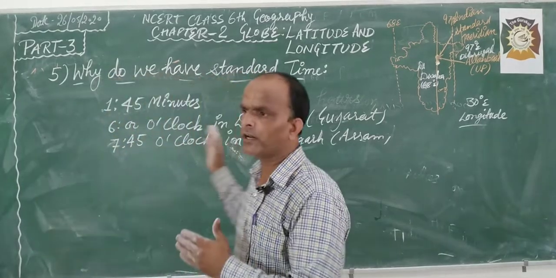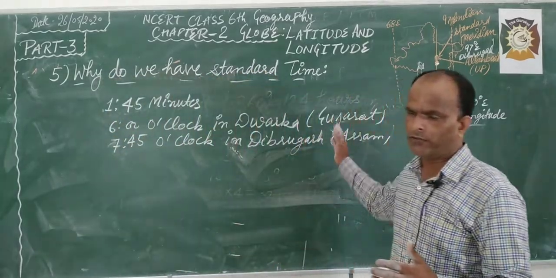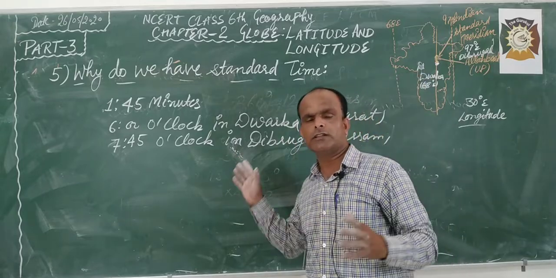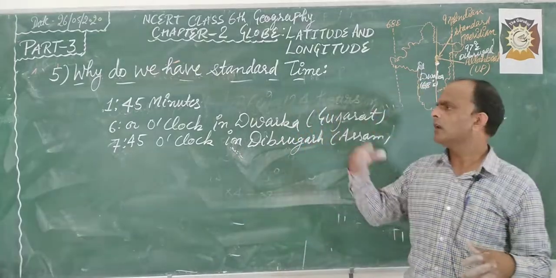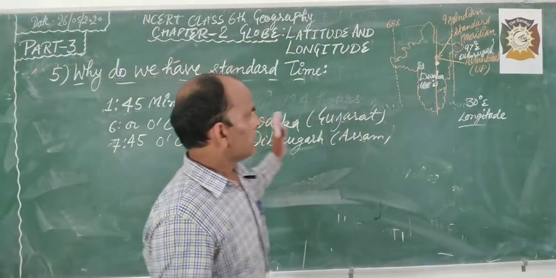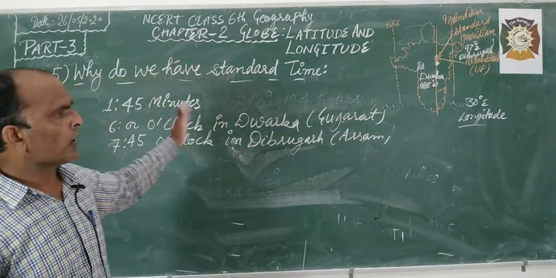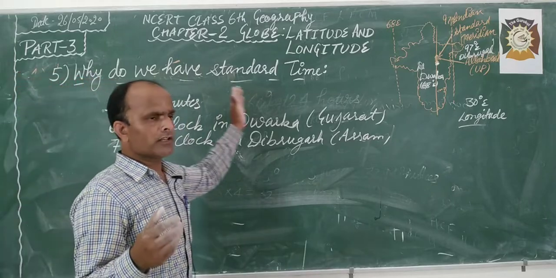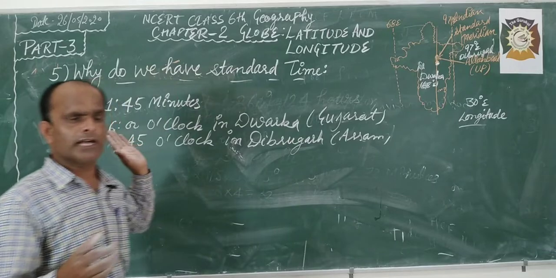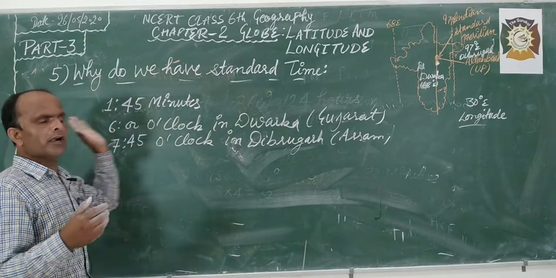Those who are in the east face early rising of the sun. Those who are in the west face late rising of the sun. So those who are in the east will be ahead in timing, and those who are in the west will be behind in timing.